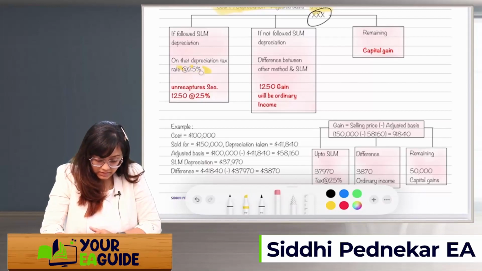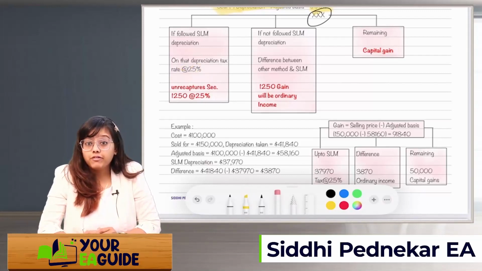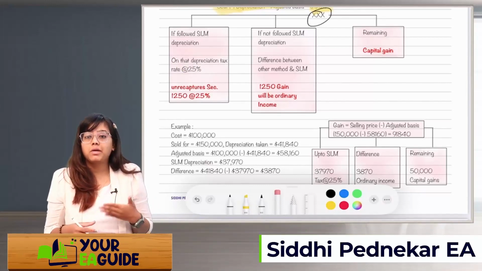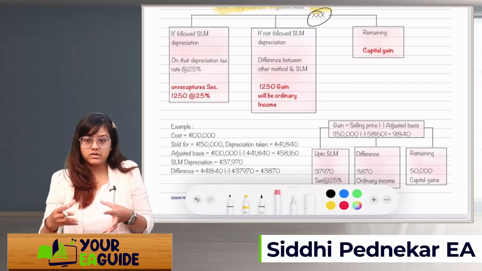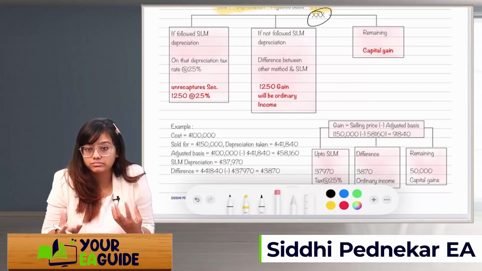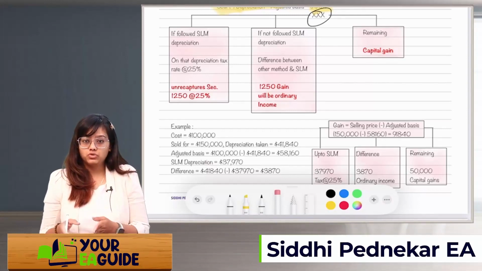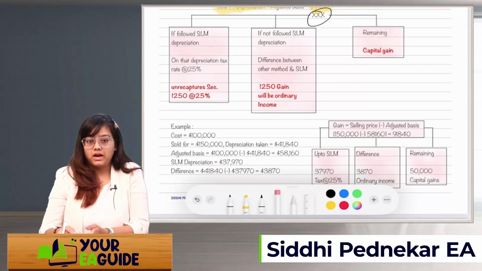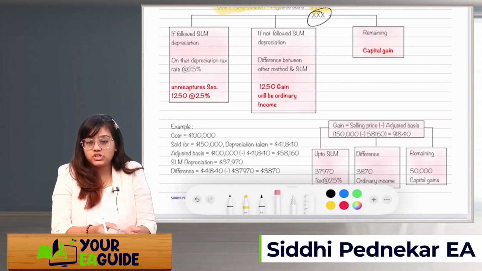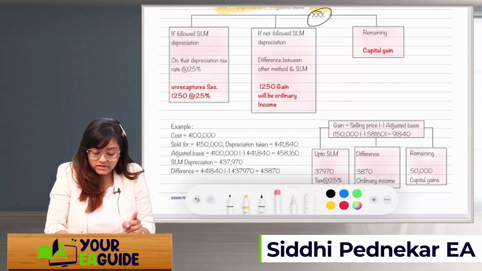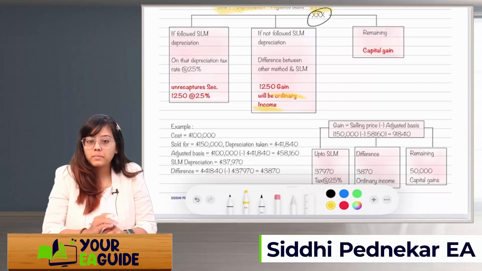Next is, if you have not followed the SLM method, then you take the difference between the other method which you have followed, maybe MACRS, ACRS. We'll see about the depreciation methods shortly. So whatever other depreciation method you have used, and what the depreciation should have been if you had used SLM, the difference between those two will be considered as your ordinary income.